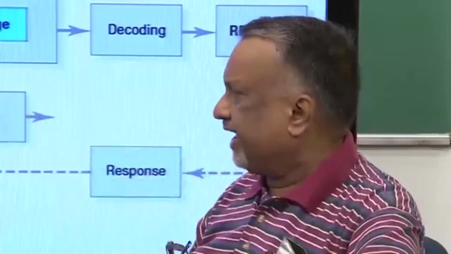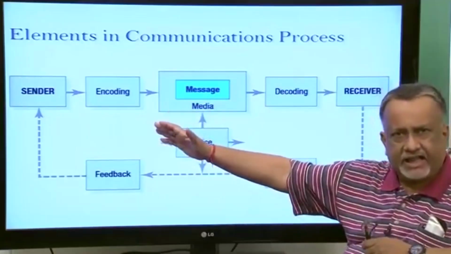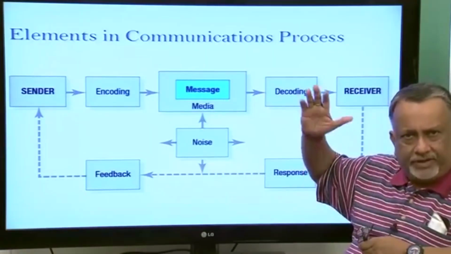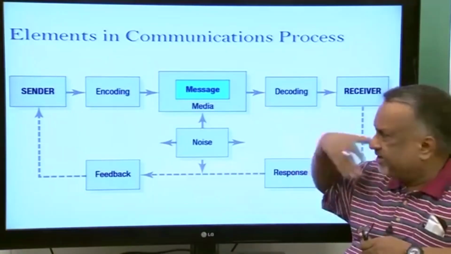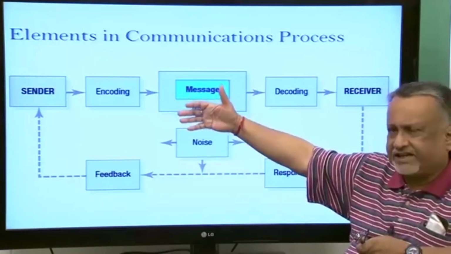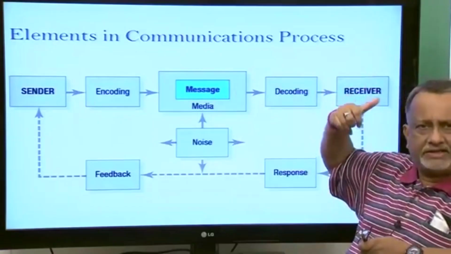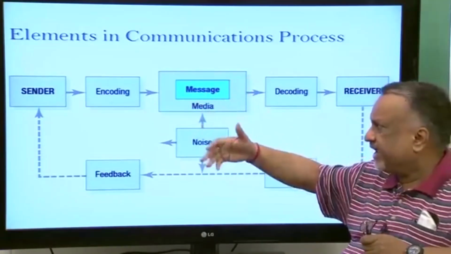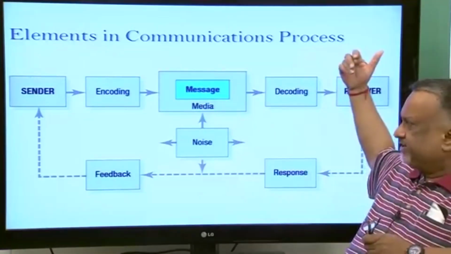So, this model shows that there are two sides, sender and receiver. In this case I am the sender, you are the receiver. It could be in the class the teacher is the sender and somebody else is the receiver. When you are communicating with your friends, you are the sender, your friends are the receiver.